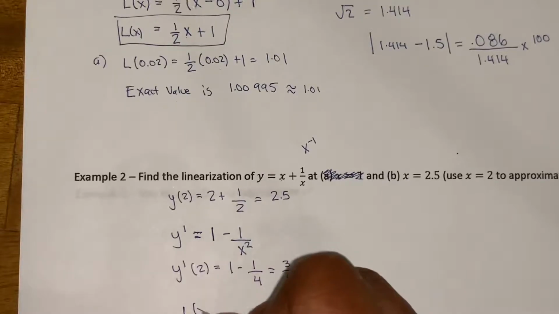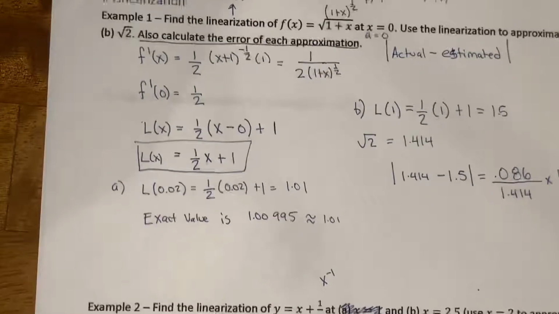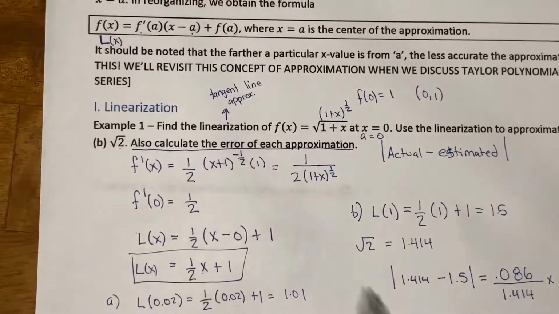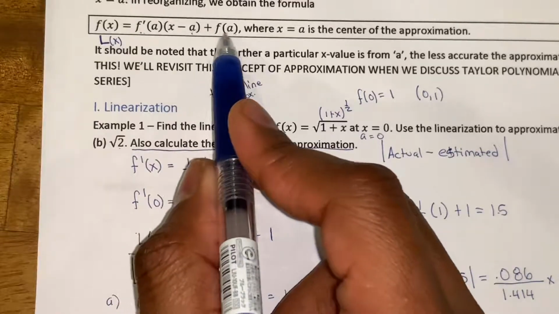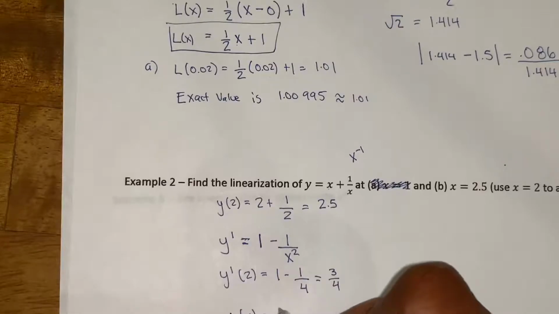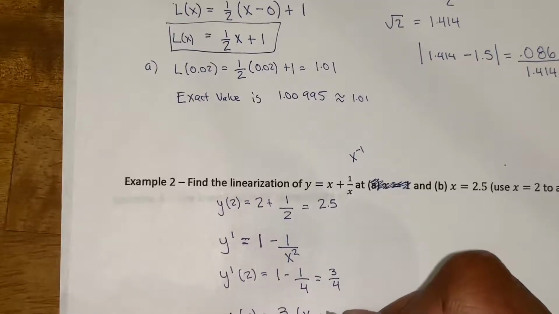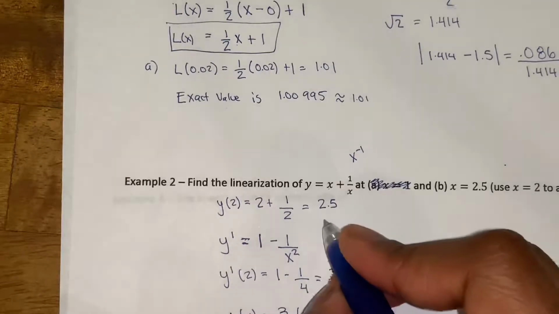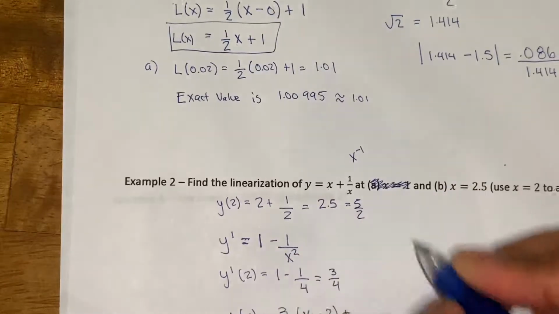The linearization: again, our formula is f prime of a times x minus a plus f of a. So f prime of a is 3/4 times x minus 2, plus the y value 2.5, which is the same as 5/2.